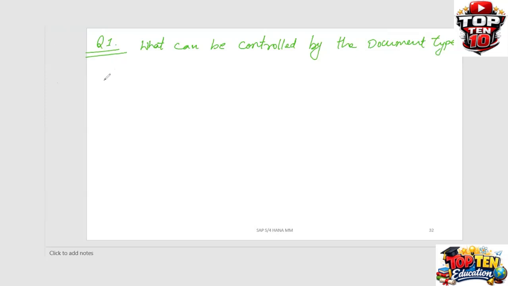Question is, what can be controlled by the purchasing document type? There will be options in the examination. Number first thing, number range.